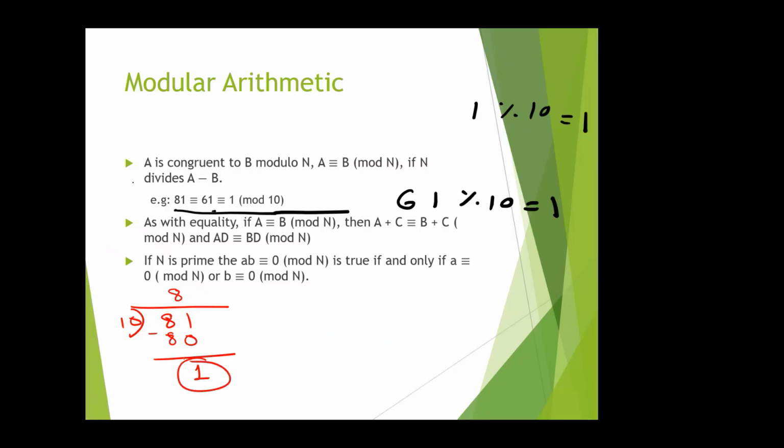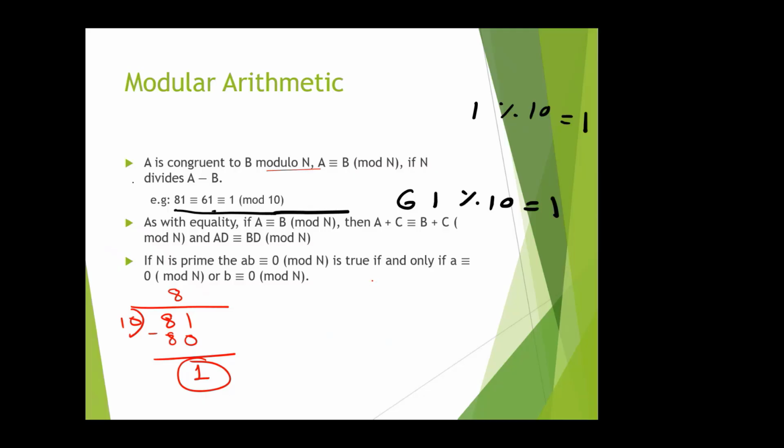Generally, in all our operations we care much about division, but with this congruent modulo operation, A is congruent to B modulo N means that under the modulo N operation, A and B are equivalent. If we talk about 81, the remainder is 1.